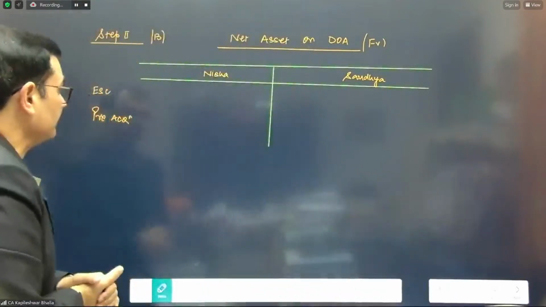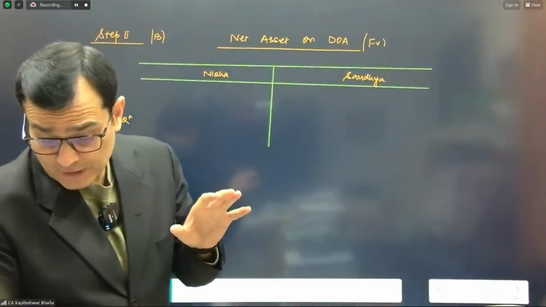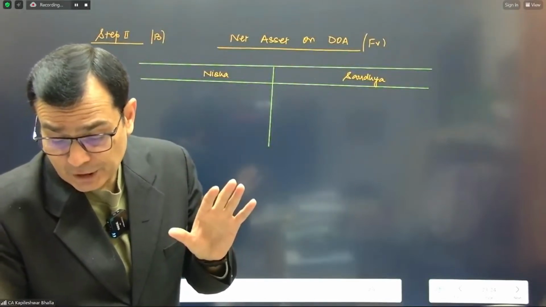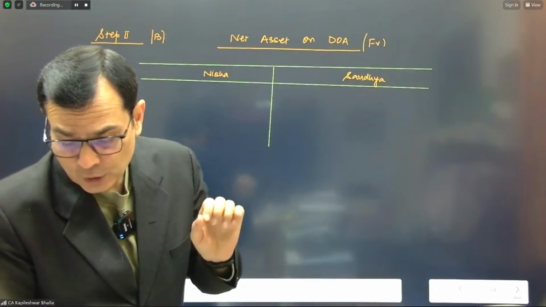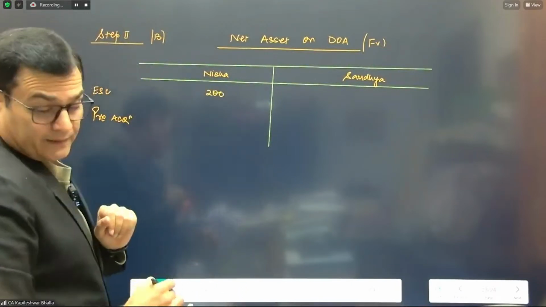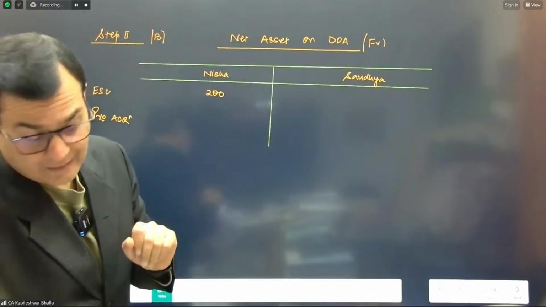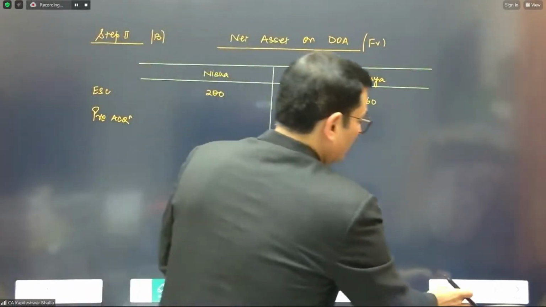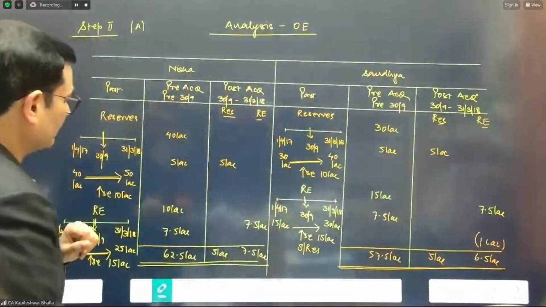Could be time consuming. So let's go to the balance sheet of Nisha, and we can see that the share capital is appearing to the extent of 200. And the share capital of Sandhya is appearing to the extent of 160. And we've already done the pre-acquisition figures.